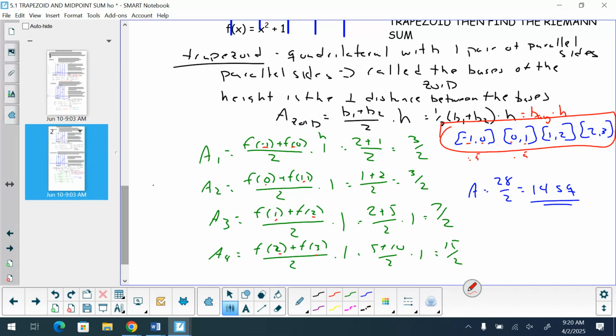Okay? Or if I'm using a trapezoid, I'm using both of my endpoints to calculate the average of the two bases. Okay? So you can use your subintervals to deal with your calculations. Okay? A lot easier than looking at a graph. Alright? Questions?